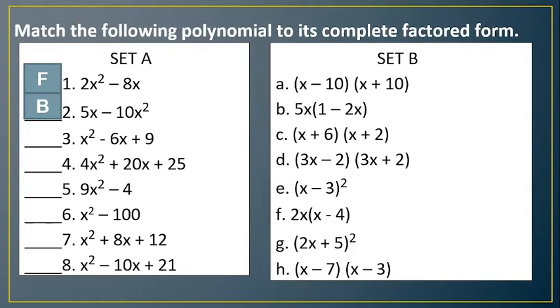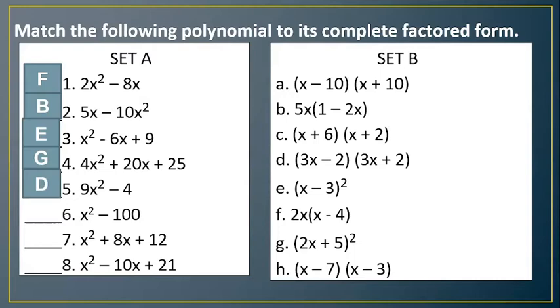Numbers 3 and 4 are examples in which we can factor another way. For letter E, that's x minus 3 squared. I hope you're having the same answers. Number 4, the factor of 4x squared plus 20x plus 25, is G, 2x plus 5 squared. Number 5, 9x squared minus 4, has the factors 3x plus 2 and 3x minus 2.